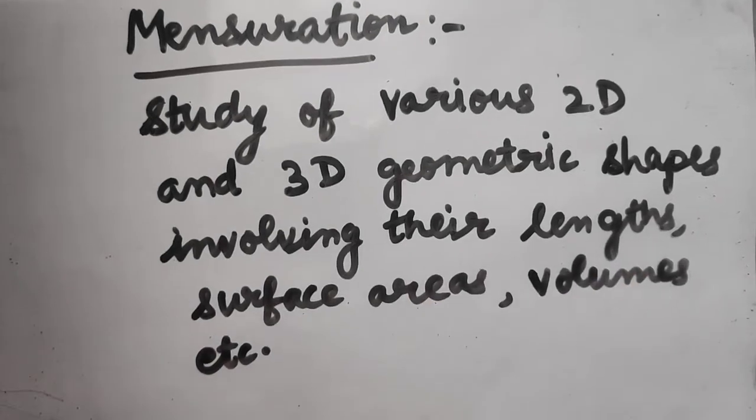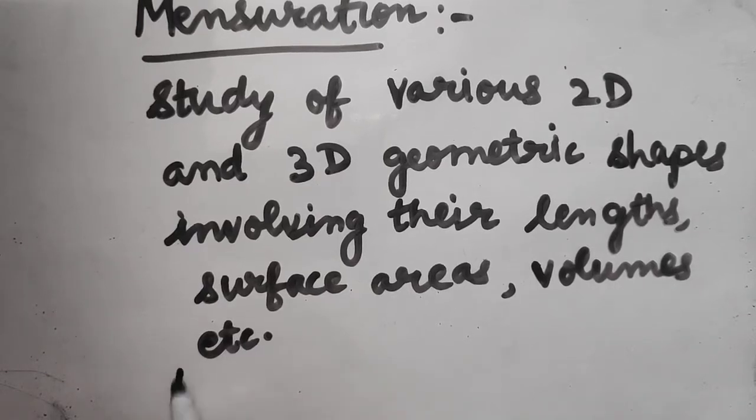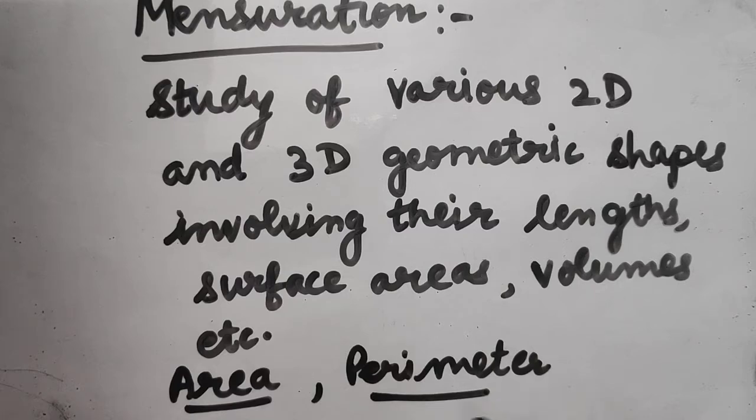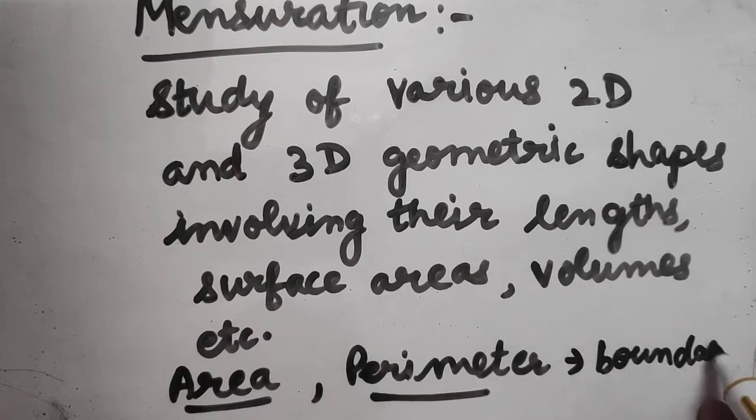Let us talk about now area and perimeter. What is an area and perimeter? For a closed plane figure, the perimeter is the distance around its boundary, and its area is the region covered by it.